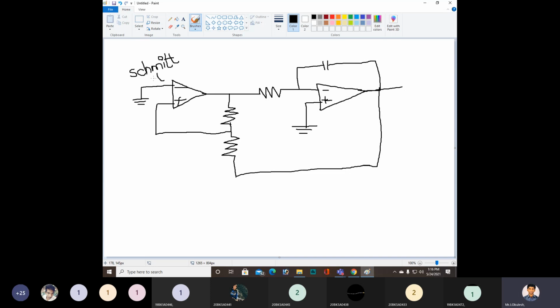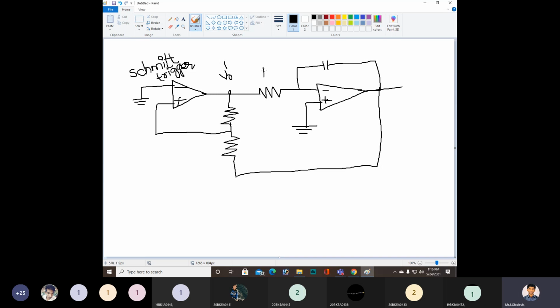Here you are getting output, that is, let us assume V naught dash.